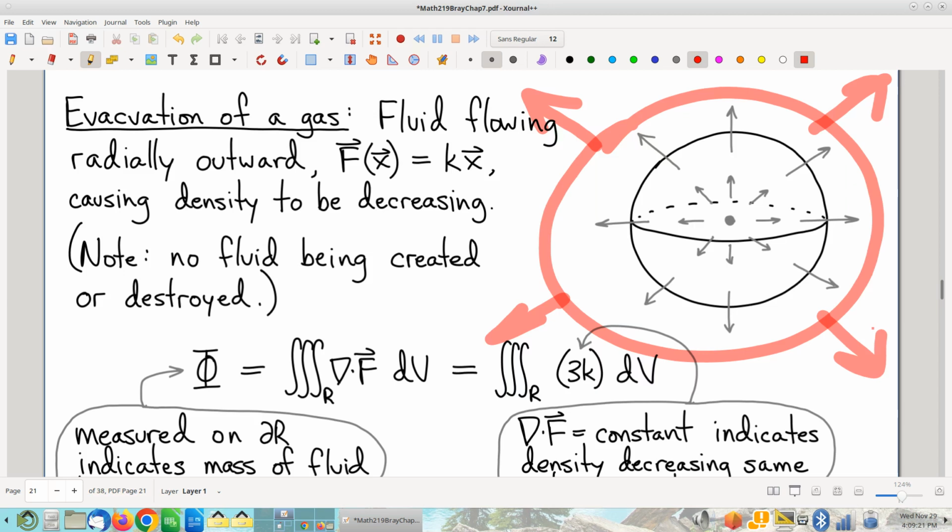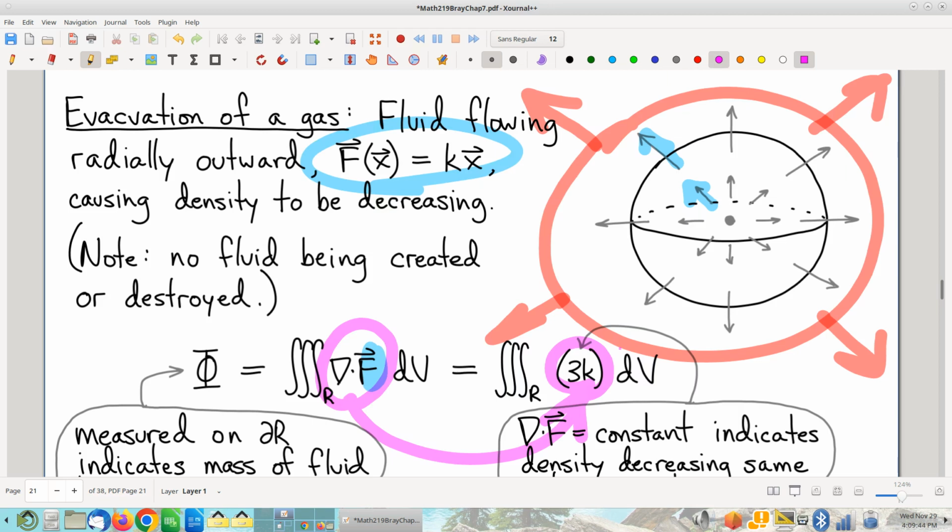And here's the divergence theorem applied to this scenario, and I'm going to just wave my hands and assert that the flow of the air is kind of like this, and you can compute the divergence of that.